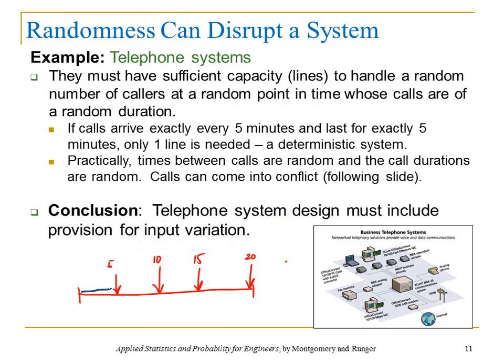So at the end of 5 minutes, you will finish the first call, and then after that you're going to have the second one, third one, and fourth one. In such a scenario, you only need 1 line because each call is going to finish before the next call enters the system.